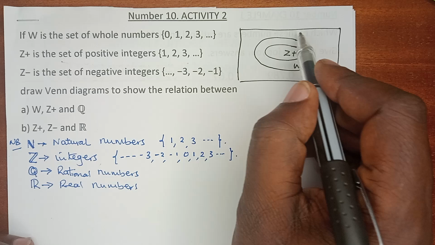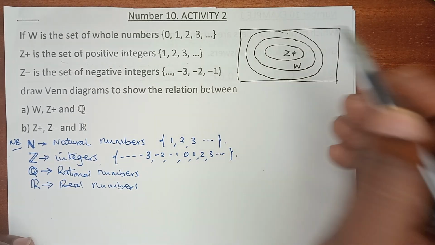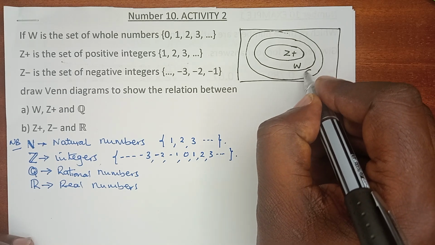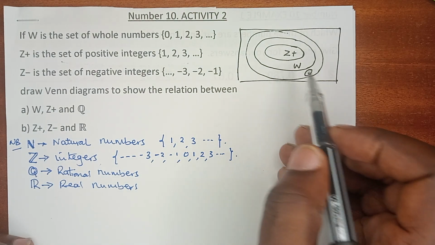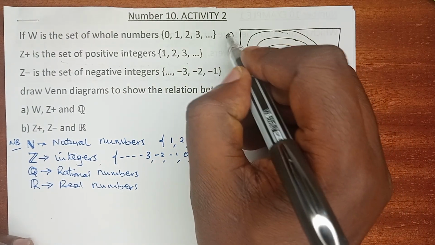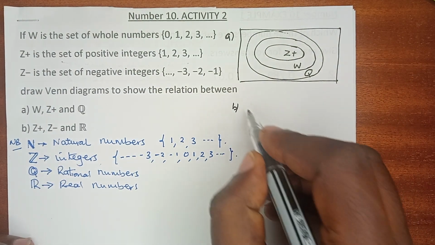And then there is all of them, which you are going to write as Q, because all of them are rational numbers. And that is how we can express the Venn diagram of part A of the question. What about part B?